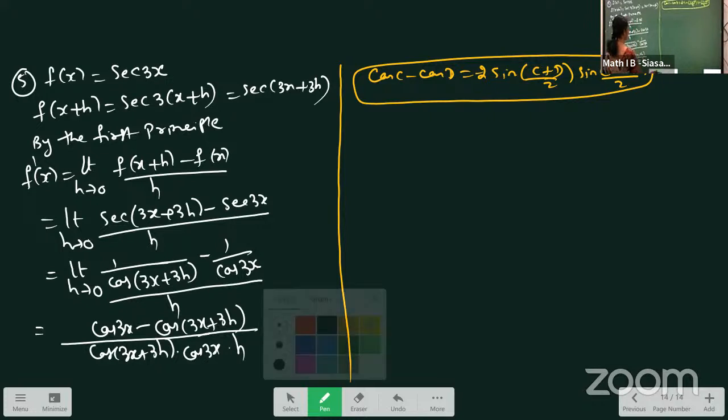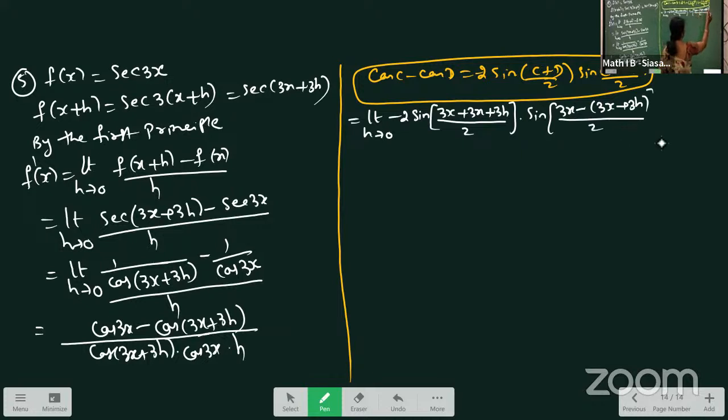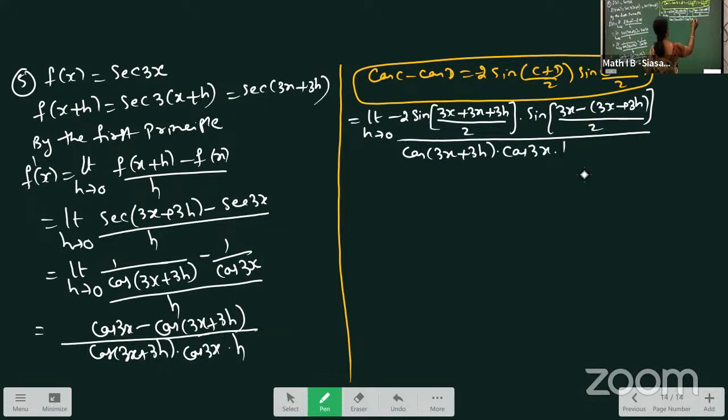Apply that to this step: limit h tends to 0, minus 2 sin C plus D by 2, where C is 3x and D is 3x plus 3h, by 2, into sin C minus D, 3x minus of 3x plus 3h, by 2, by the denominator cos of 3x plus 3h into cos 3x into h.